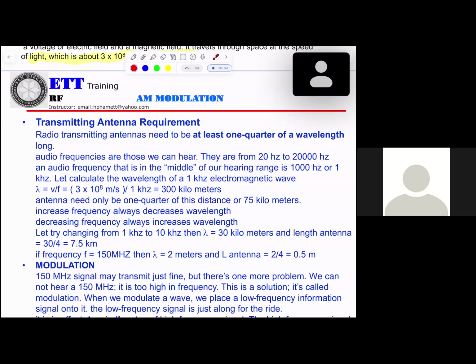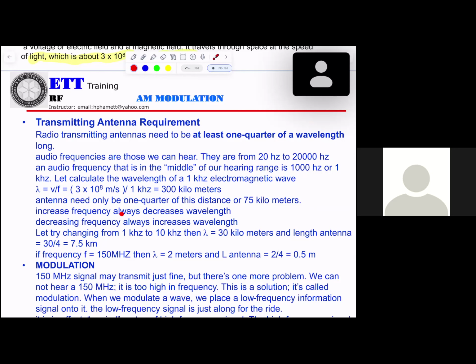For an audio frequency in the middle of our hearing range, 1,000 Hz or 1 kHz, lambda equals 300 kilometers. The antenna need only be 1/4 of this distance, or 75 kilometers.